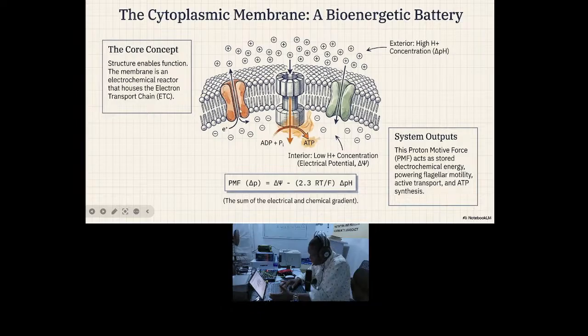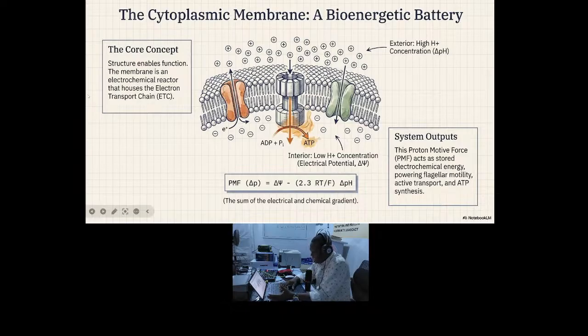Don't forget, this type of protein is called the intrinsic protein, because it transfers between the upper layer and the lipid bilayer. You can see it here. Okay, so the core concept is that structure enables function. I told you earlier that the structure of anything in life, be it an organism, determines the function it's going to have.